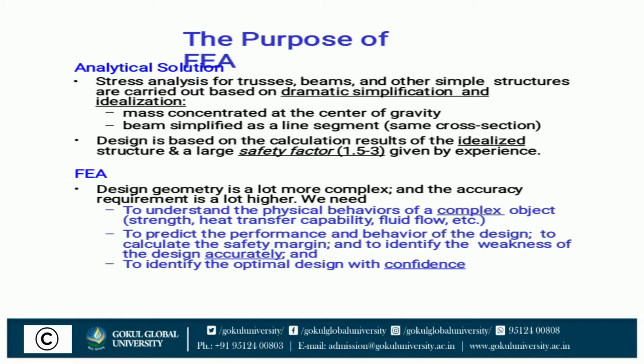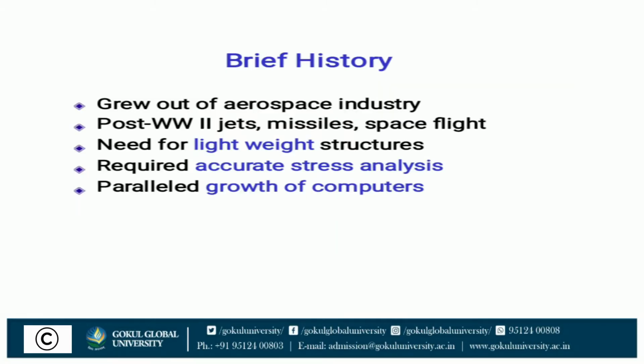FEA is used to predict the performance and behavior of the design, to calculate the safety margins, and to identify the weaknesses of the design accurately. Another purpose is to identify the optimal design with confidence. It means it creates more results and more accuracy in FEA.